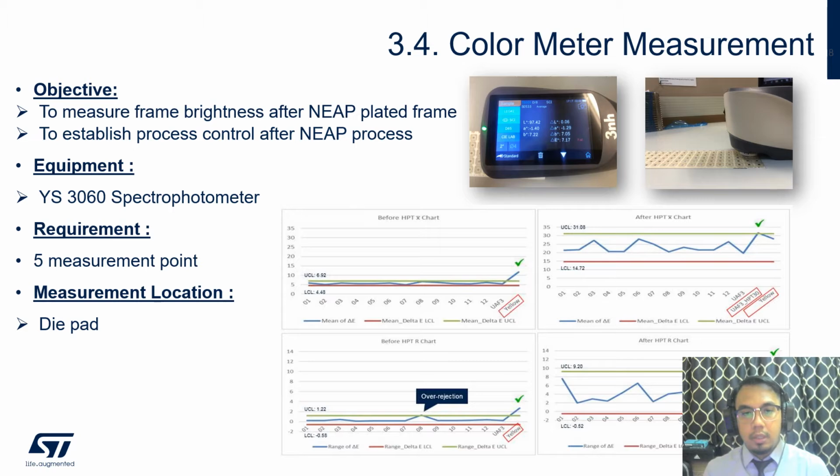We will use the X-bar chart and R chart, where the X-bar chart is the average of all 5 measurement points on one lead frame, while the R chart is the maximum minus minimum value on the 5 measurement points in one lead frame. So this is the data that we have collected.